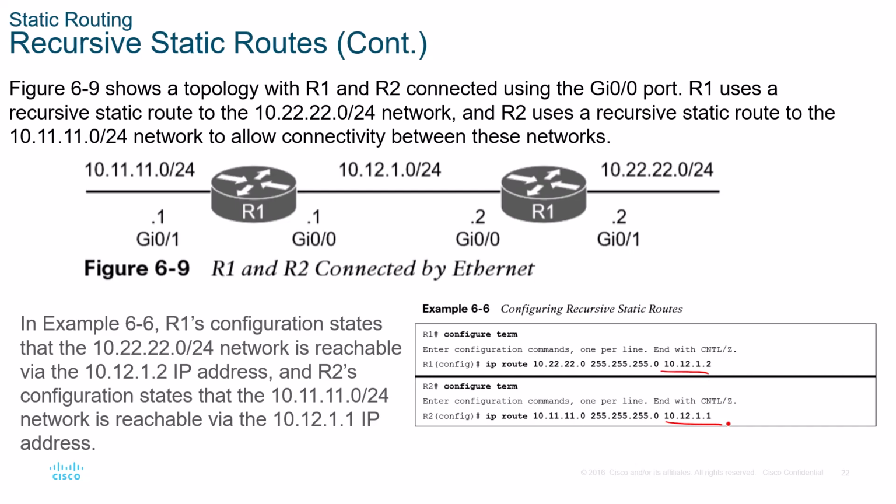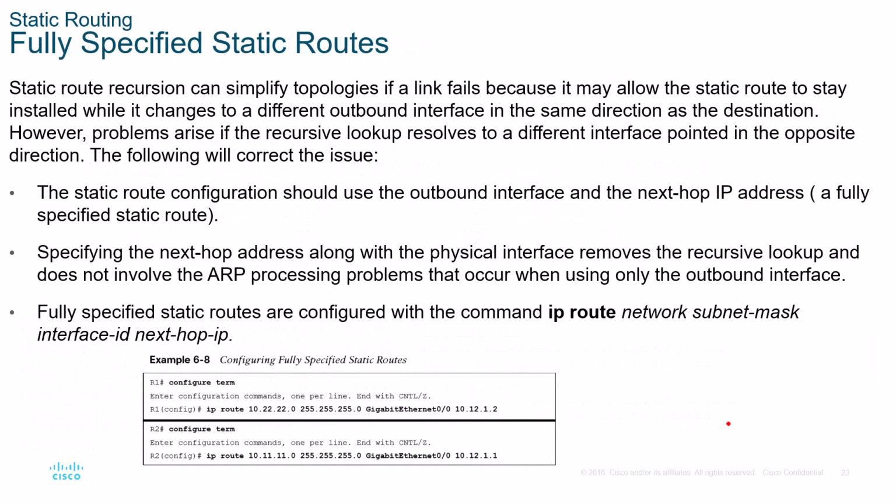When we do our static routes, again, there are names for each type of static route based off of how it egresses. A fully specified static route will be very similar to our last two types of static routes, except ip route, destination subnet, and it will do both the egress interface and the IP address.